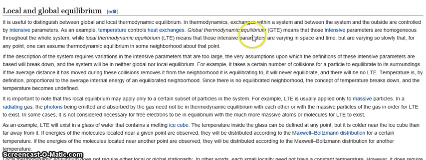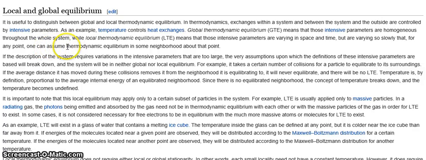Global thermodynamic equilibrium, or GTE, means that those intensive parameters are homogeneous, meaning they are the same throughout the whole system, while local thermodynamic equilibrium, LTE, means that those intensive parameters are varying in space and time, but are varying so slowly that for any point one can assume thermodynamic equilibrium in some neighborhood about that point.